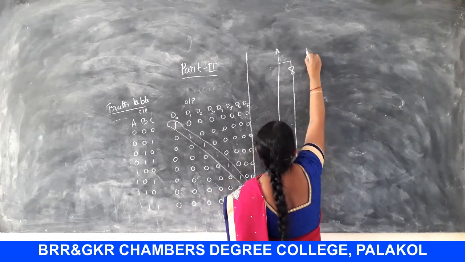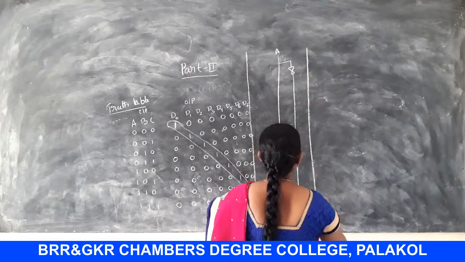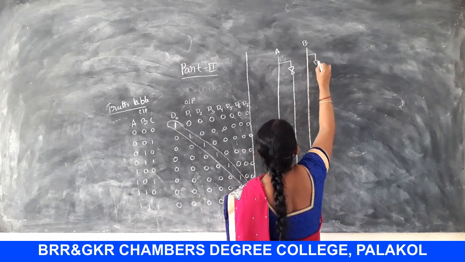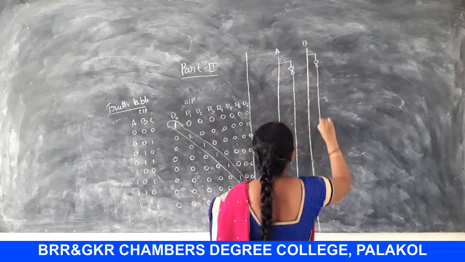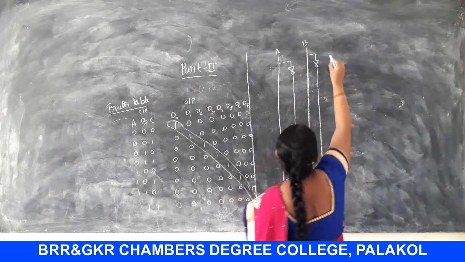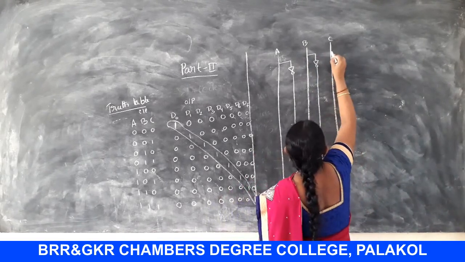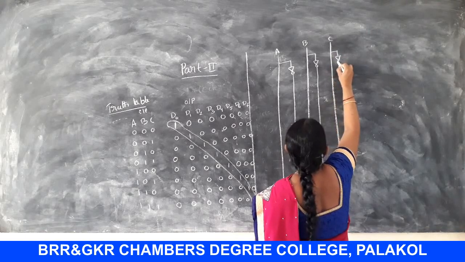The next one is B, and this is B bar. And the next one is C, and this is C bar.